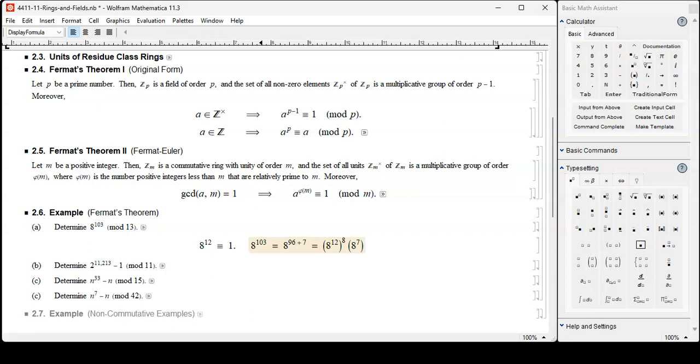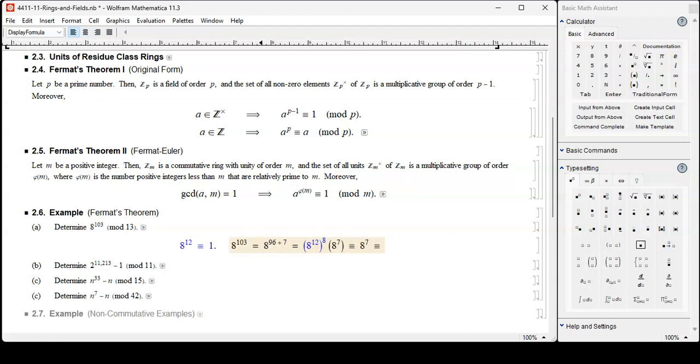Okay, I'm doing this without a calculator, so I'm a little bit slow here. And that's a to the 7th power, because this is 1. You see? By Fermat's theorem, a to the 12th power is 1. So this one here is 1. So a to the 103 power is down to a to the 7th power now. Okay, so far so good.